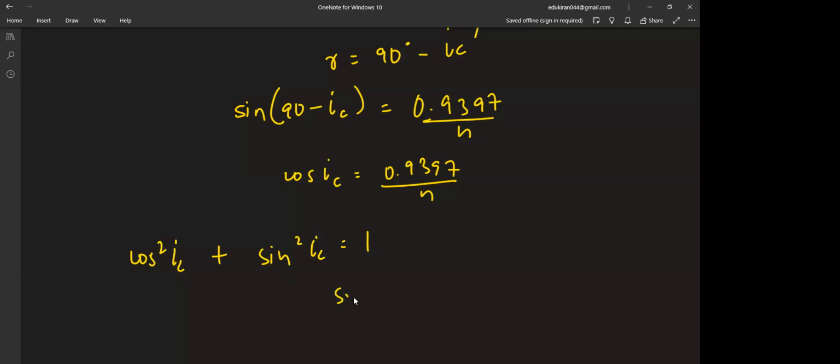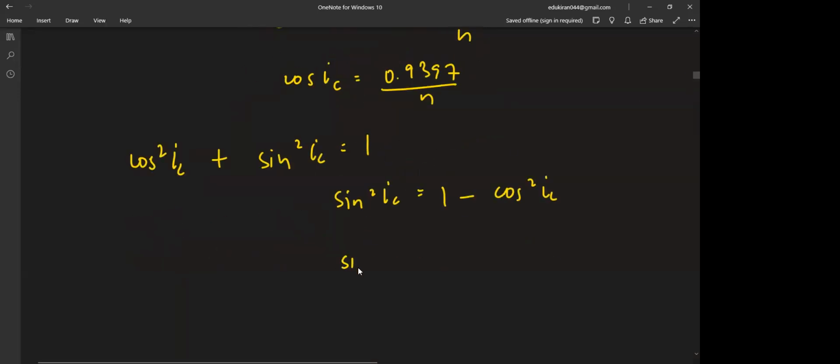So sine square theta is equal to 1 minus cos square IC, right? And cos IC is this, so cos square IC will be the square of this term. Sine square IC is equal to 1 minus 0.9397 square by N square.